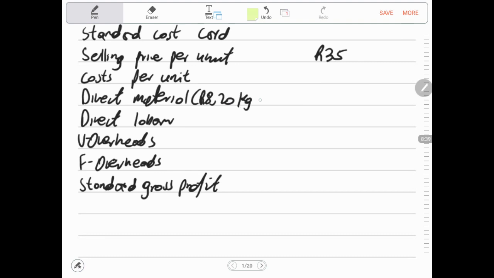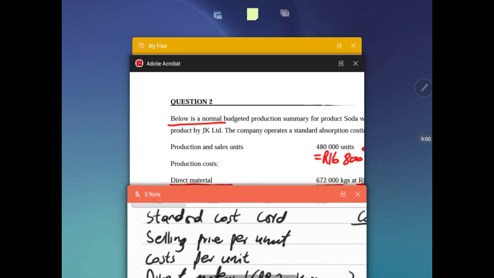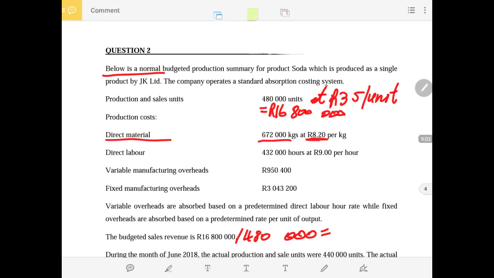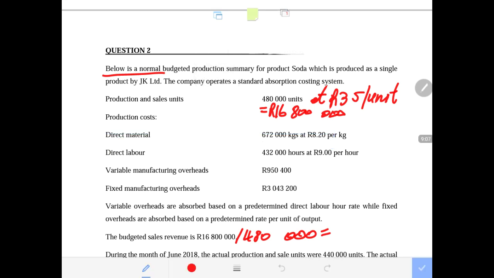So that is the price we expect to buy our material at. Remember, we need to multiply by the required kgs per unit in order for us to get the cost per unit. In order to get the cost per unit, we need to multiply by the required kgs to complete 1 unit. But let us check the given information to see if we can do so. We are given the material that we budget to spend in order to manufacture.